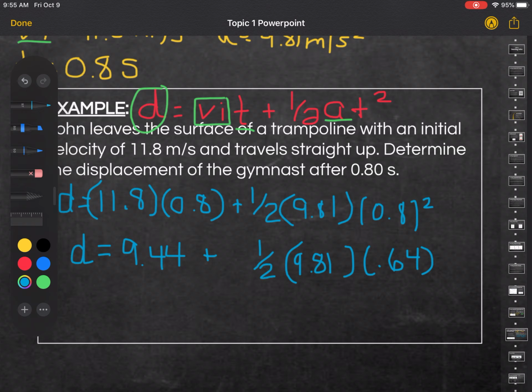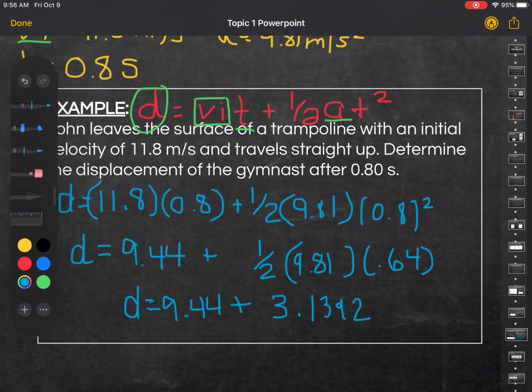Moving down, I will calculate all that, so 0.64 times 9.81, divided by 2, or times 1/2, gives me 3.1392, plus 944 from the top there.